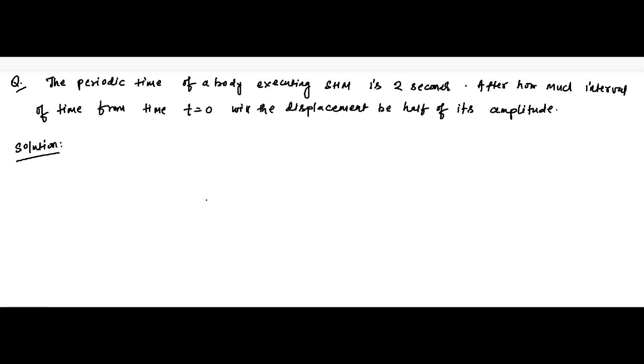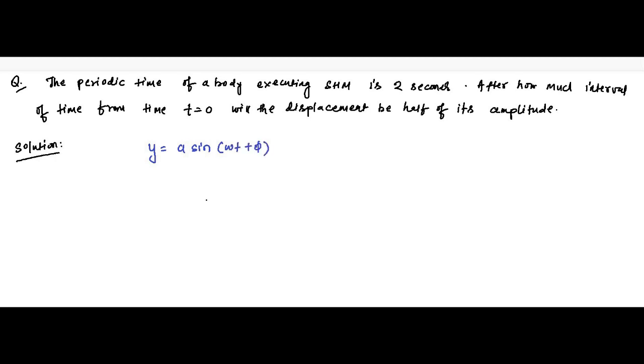So first, in any kind of SHM related question, you have to write the standard form of the SHM equation. y or x, whichever you want to write, it doesn't matter. y is the instantaneous displacement, which is a sine omega t plus phi.